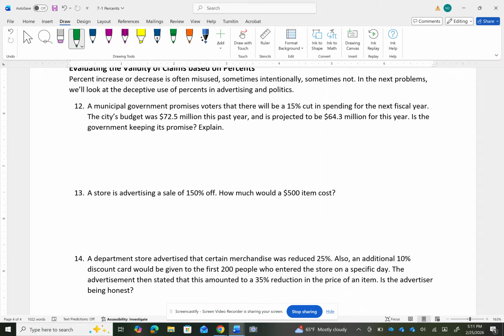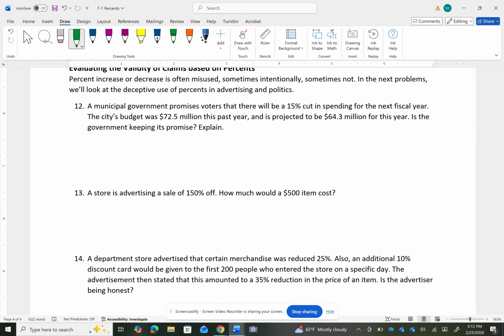Here the government was promising voters there was going to be a 15% cut in spending for the next fiscal year. All right, the budget for this past year was $72.5 million. It's projected to be $64.3 million for this coming year.